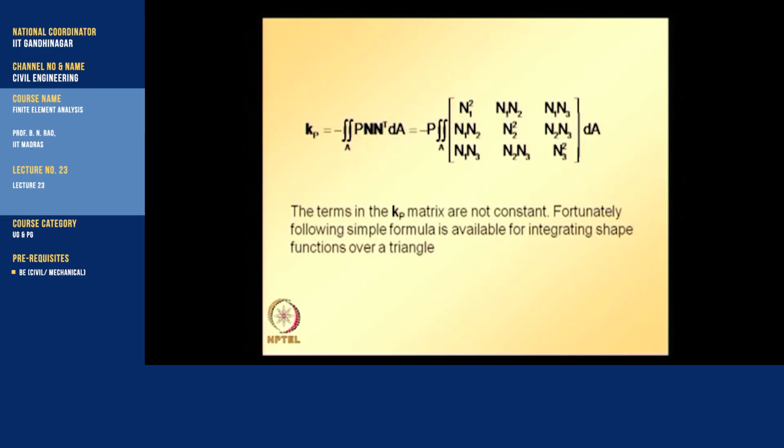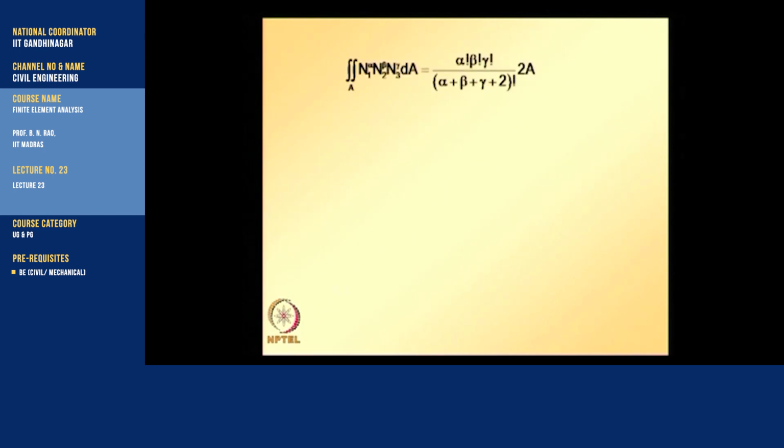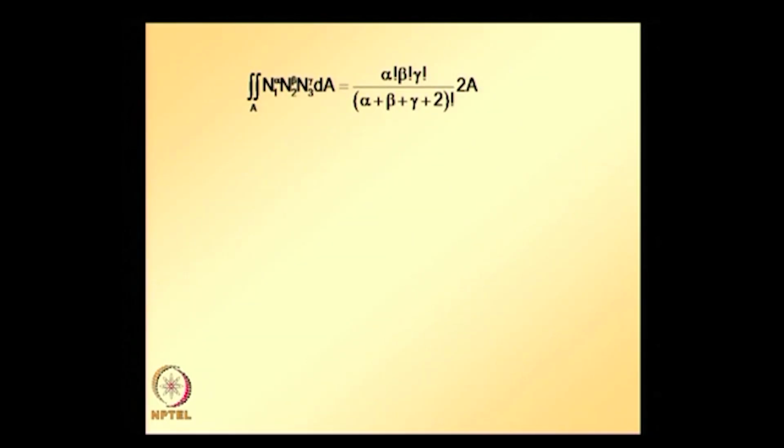This formula is valid only for integration over a triangular region, and it looks like this: the integral of n1 raised to power alpha, n2 raised to power beta, n3 raised to power gamma over a triangular area is equal to alpha factorial times beta factorial times gamma factorial, divided by alpha plus beta plus gamma plus 2 factorial, the entire thing multiplied by 2A, where A is the area of the triangular region.